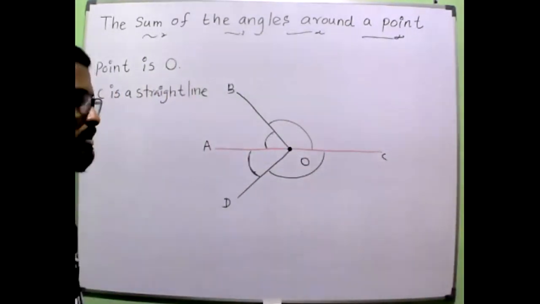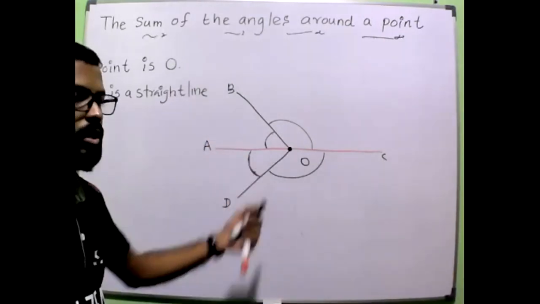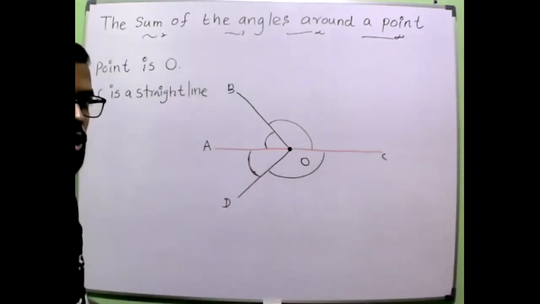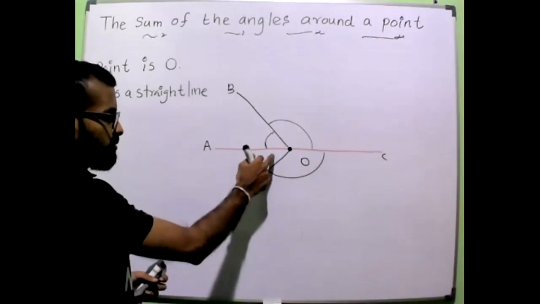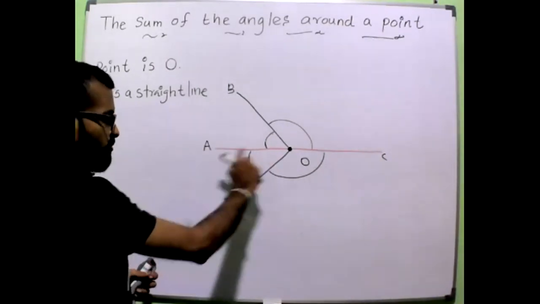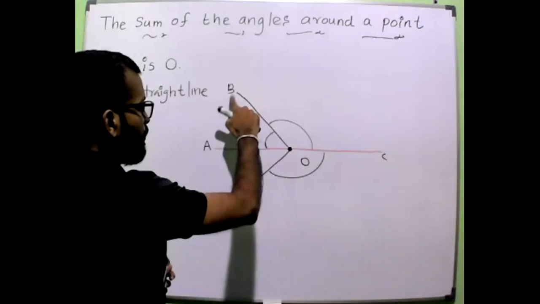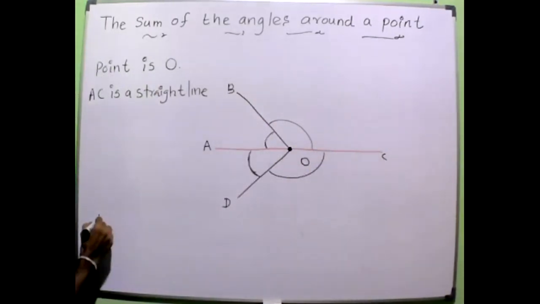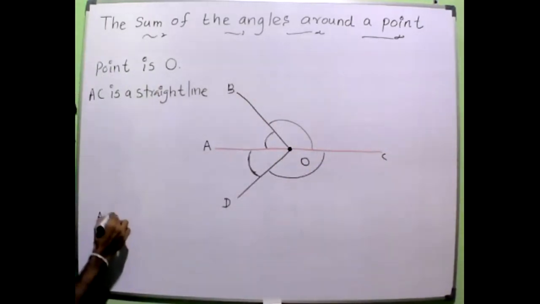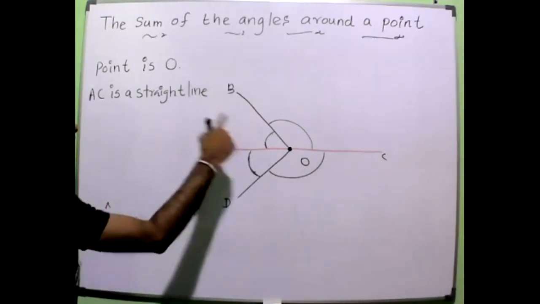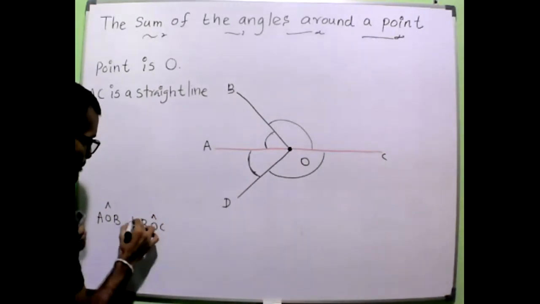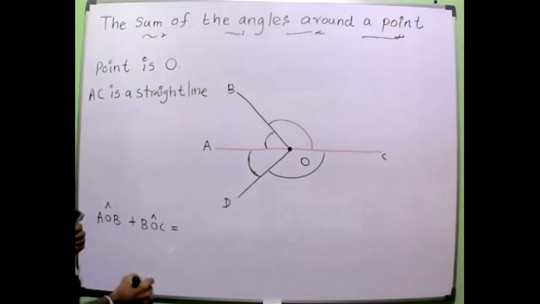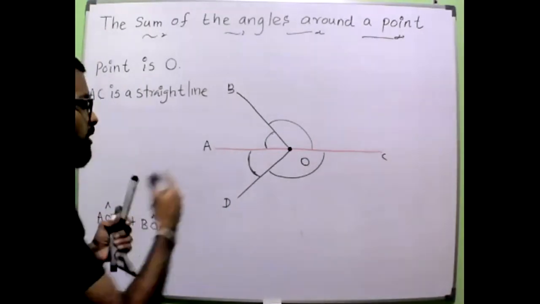Now by looking at this figure, don't write that. Now look at the board. Looking at this figure, I can say AOB angle plus BOC angle equals, what is the magnitude?